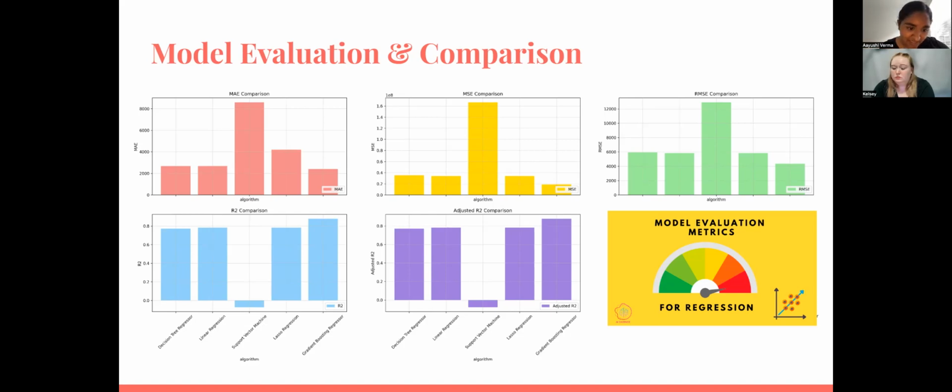On the other hand, the support vector machine model has a negative R squared value, which we had to look through the scikit-learn documentation to learn that, yes, that is actually possible. I wasn't really sure what to make of it, but I think it means it's a terrible performing model. The adjusted R squared value is just slightly different, it's adjusted. But we see the same trends being reflected across.